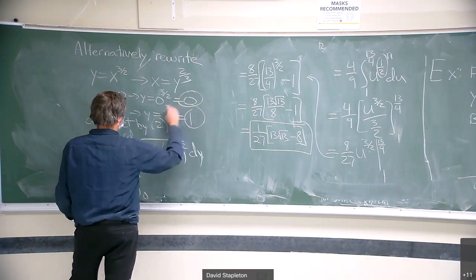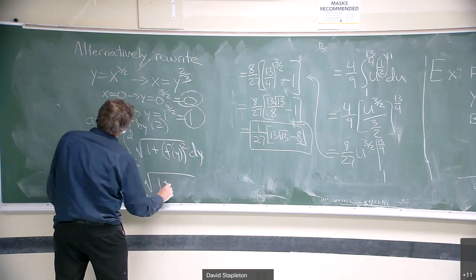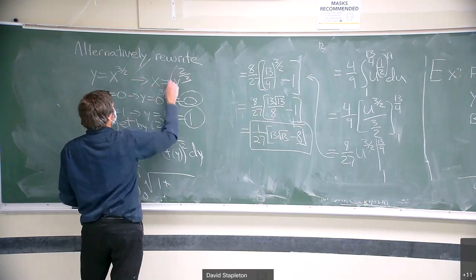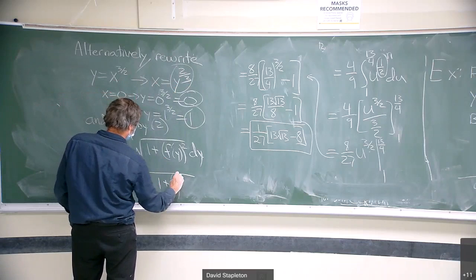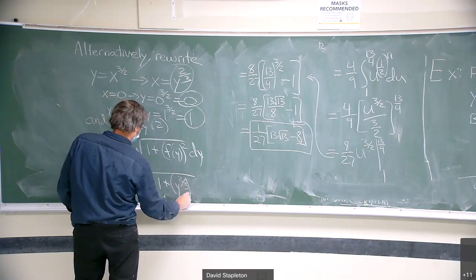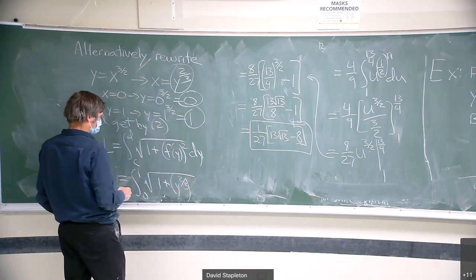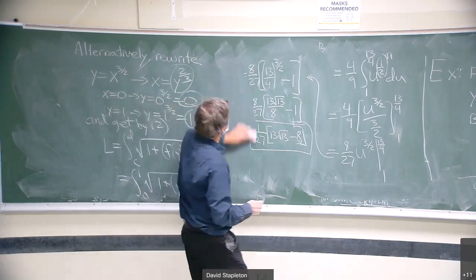There are the endpoints that we just calculated. Square root of 1 plus, and now we need to write x as a function of y. Here it was. This is our x as a function of y, y to the 2/3, prime squared. We need this. I need to write this somewhere here.